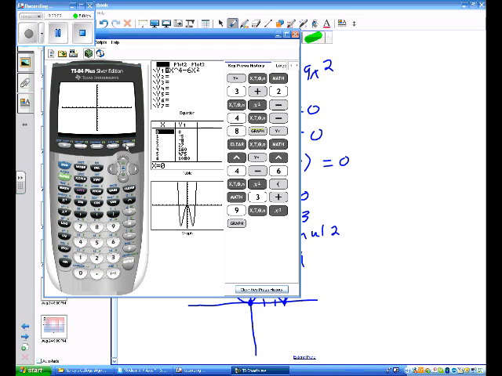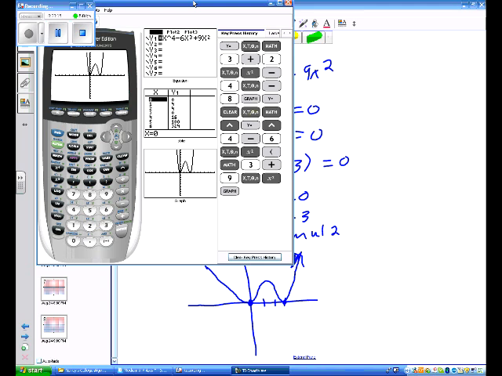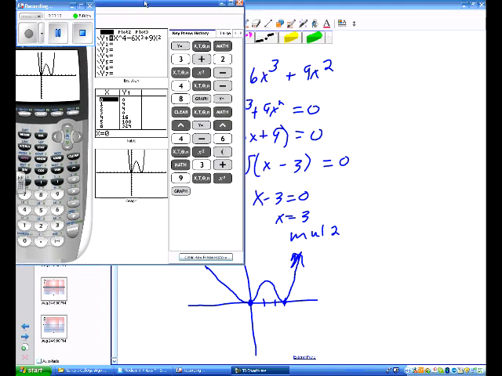And if we graph it, okay, we can see that our graph looks very similar to what we did. So it's a quick way of getting a good picture of your graph.